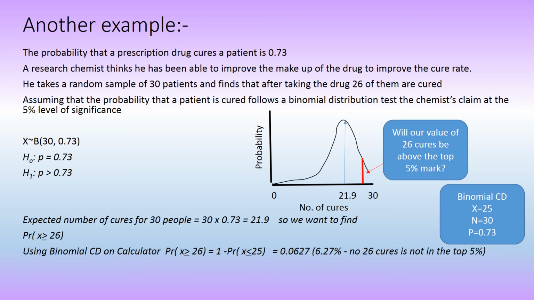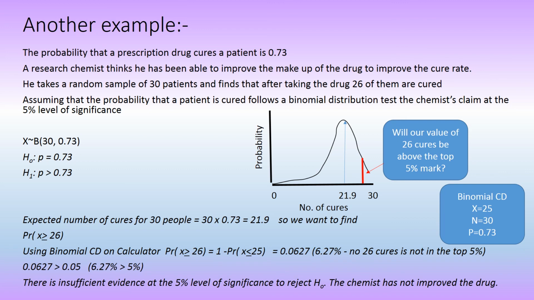Now if you have a go at that with your calculator, just to make sure you're doing the right thing, hopefully you'll get an answer of 0.0627, so around 6.27%. Now that is greater than the top 5%, so in a sense that 26 cures lies to the left of our 5% mark, and therefore 26 cures is not in the top 5%.